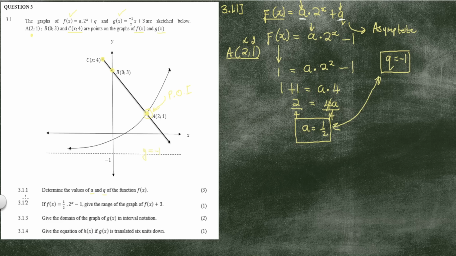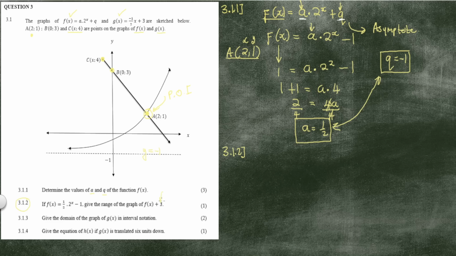All right, now looking at the next question, you can see that f of x is equal to, surprise, surprise, a is a half, q is a negative 1. So they're giving you the answer on the next question. In 3.1.2, they want us to give the range of the function f of x plus 3.